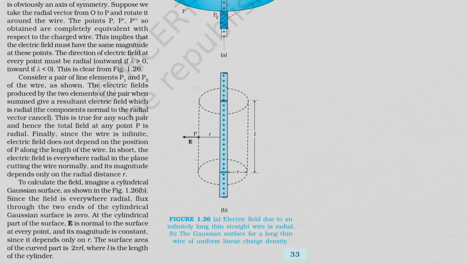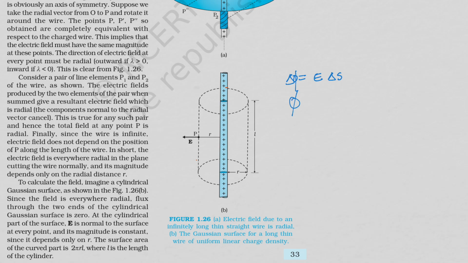So for the Gaussian surface we have made, which is a cylinder, we are ignoring the top and the bottom part, and we only focus on the curved area. And through that curved area the flux is E. Okay, we ignore the vector here, we focus only on the magnitudes. So E and delta S. So this is the flux.